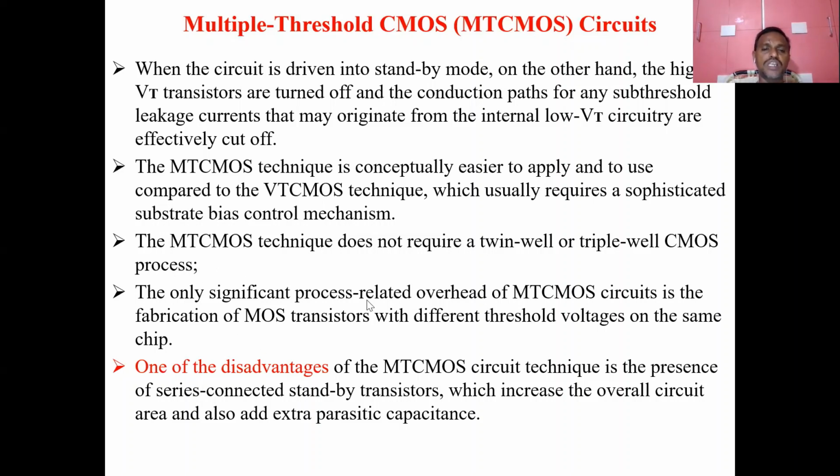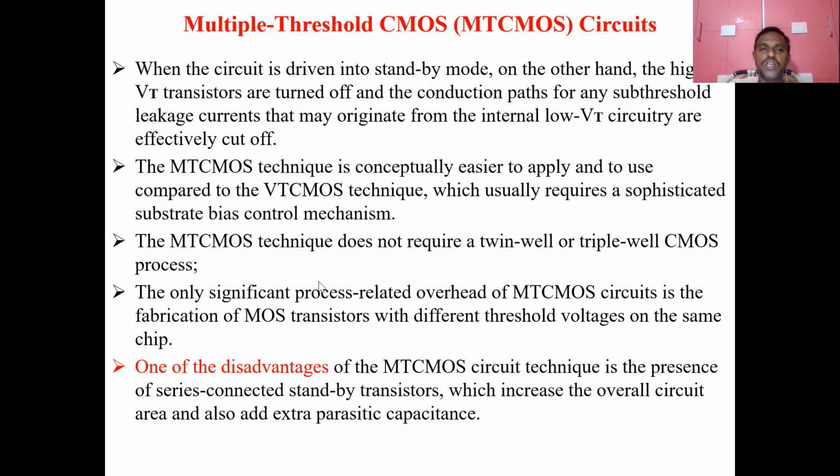Next one is the only significant process related overhead of MT CMOS circuit is the fabrication of transistors with different threshold voltages. If you observe VT CMOS, there the problem is the substrate bias control mechanism.